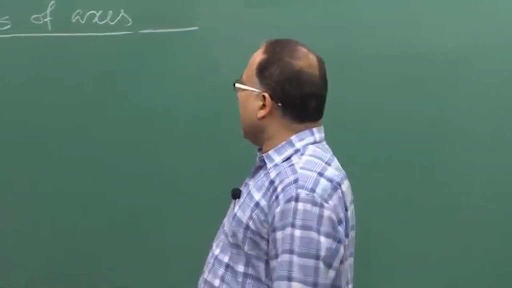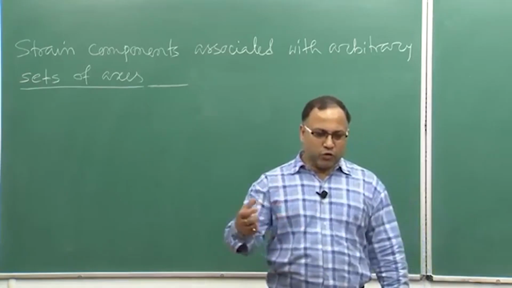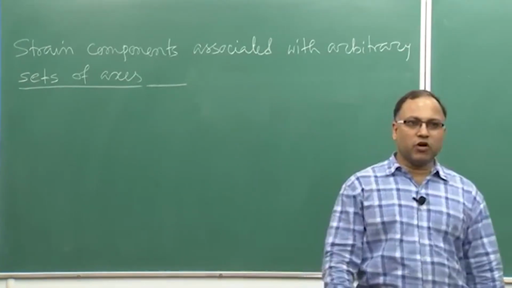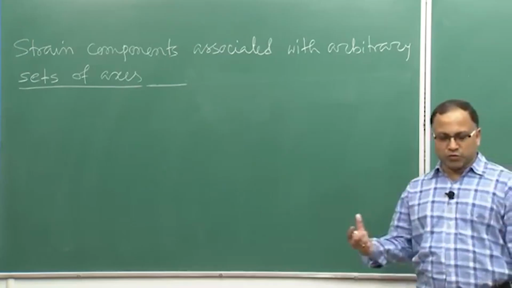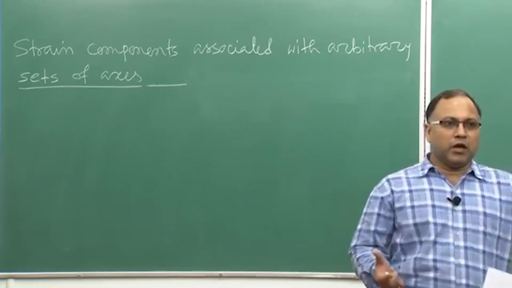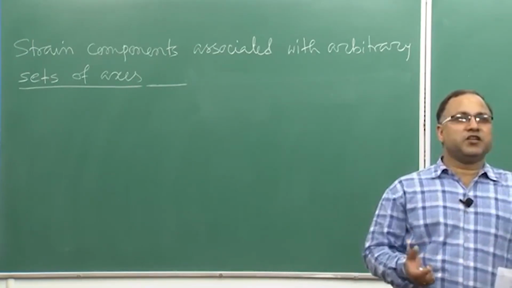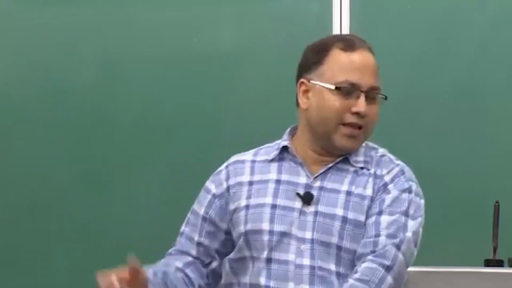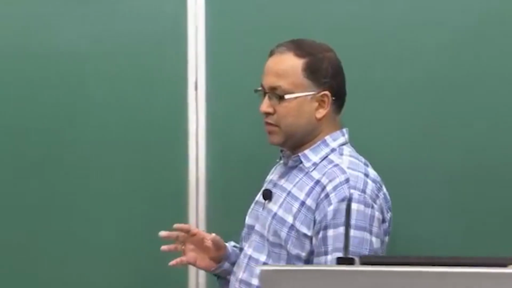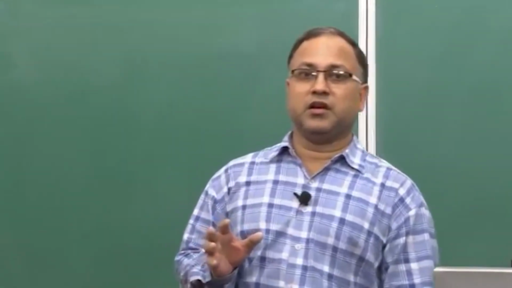Now, pretty similar to your stress discussion, if you know the state of strain in the xy coordinate system, can you define the state of strain in some arbitrary coordinate system like x prime, y prime? That we are going to do, and this is a little bit different from the exercise we have done for our stress chapter.